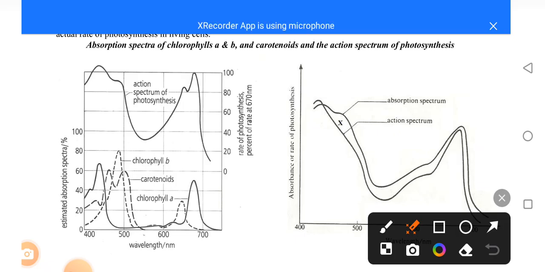Now, let us look at the observations. The first observation is that the action spectrum of photosynthesis corresponds closely to the absorption spectrum of chlorophyll A and B. There you can see they are almost the same.